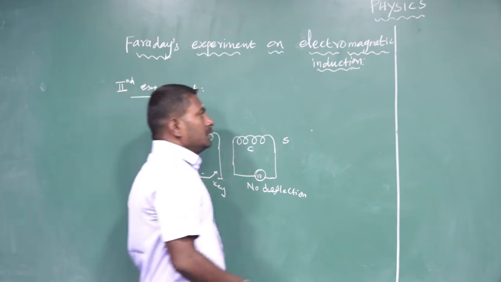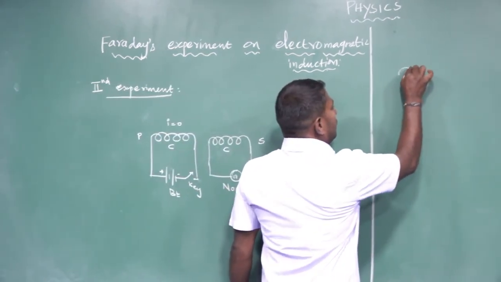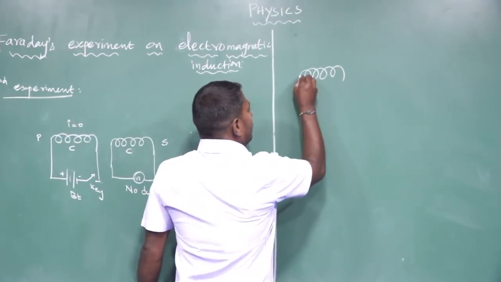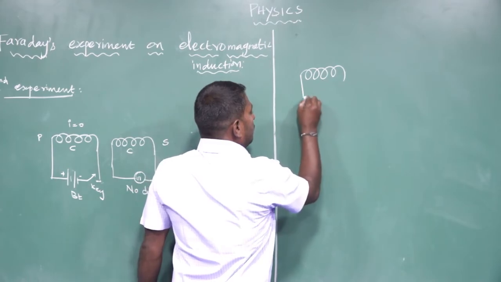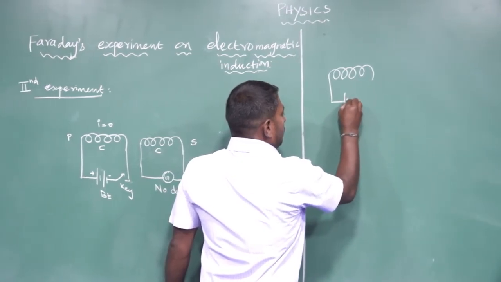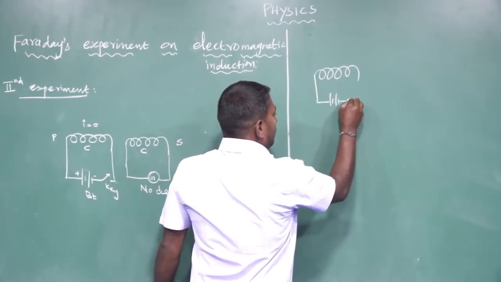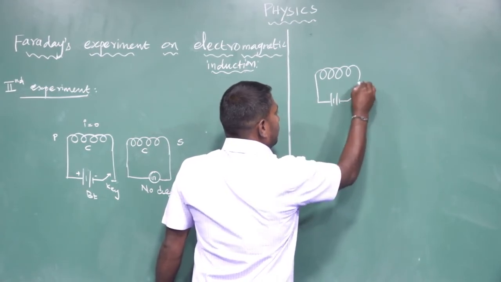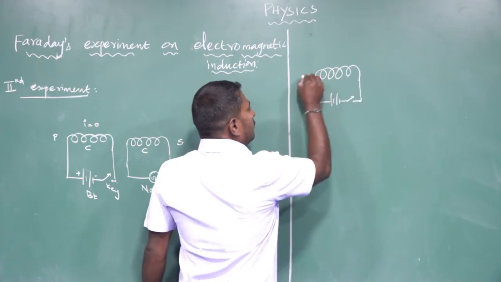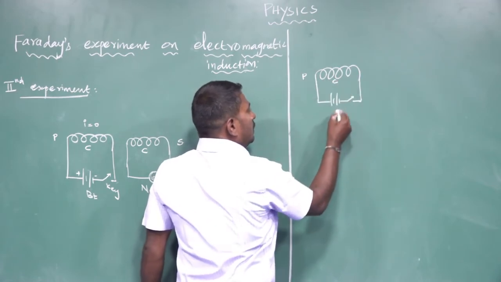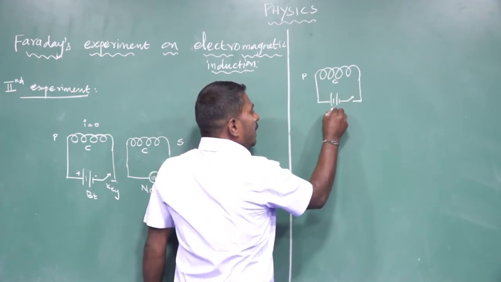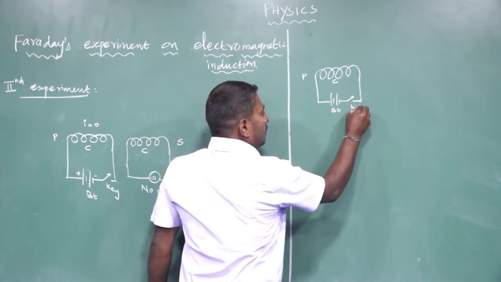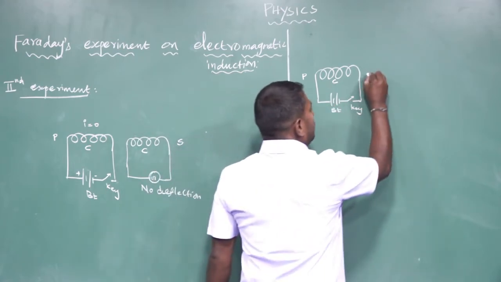Next one, with the same arrangement: primary closed circuit, coil, battery, key. This forms the primary closed circuit.